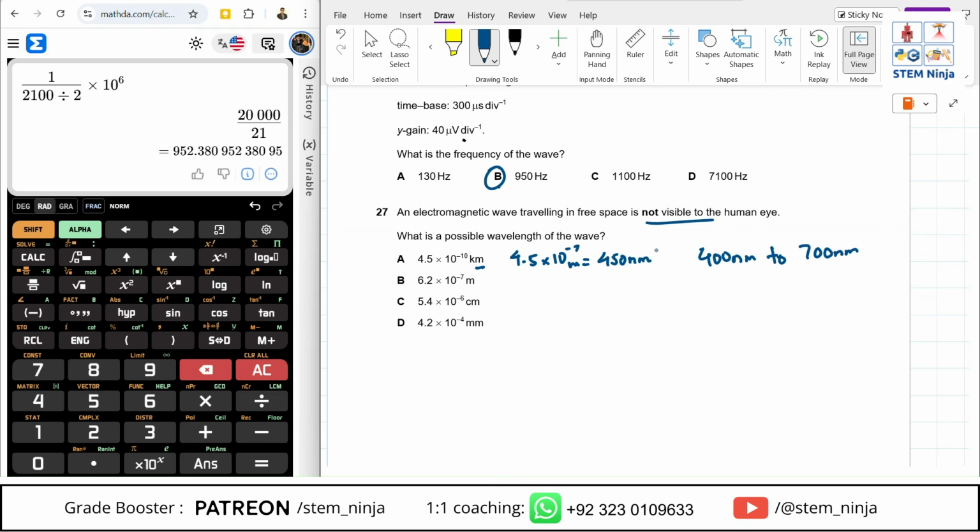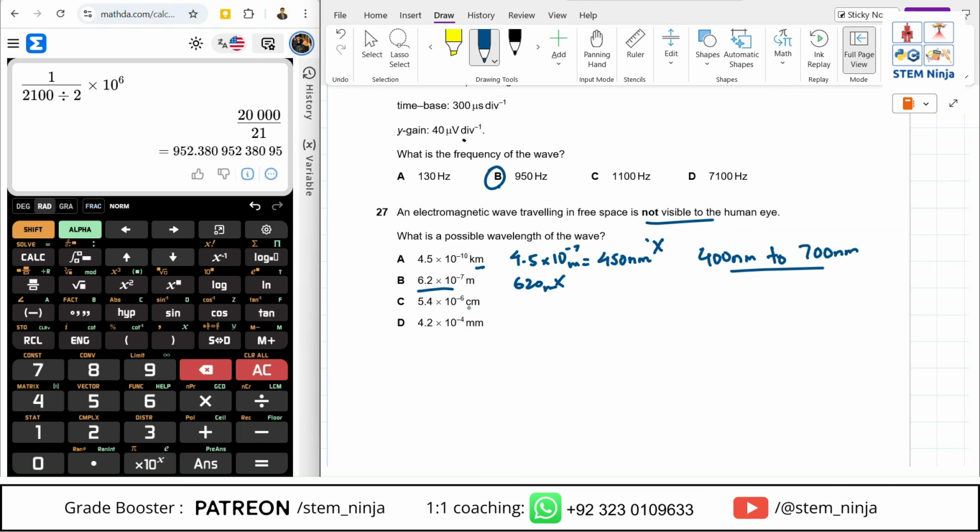So this is part of the visible spectrum. So this means that this is not the correct answer. Similarly, this is 620. Again, part of the visible spectrum, so no.